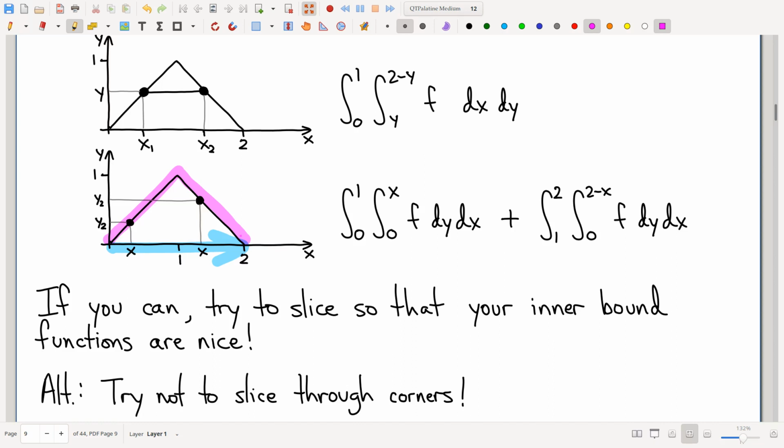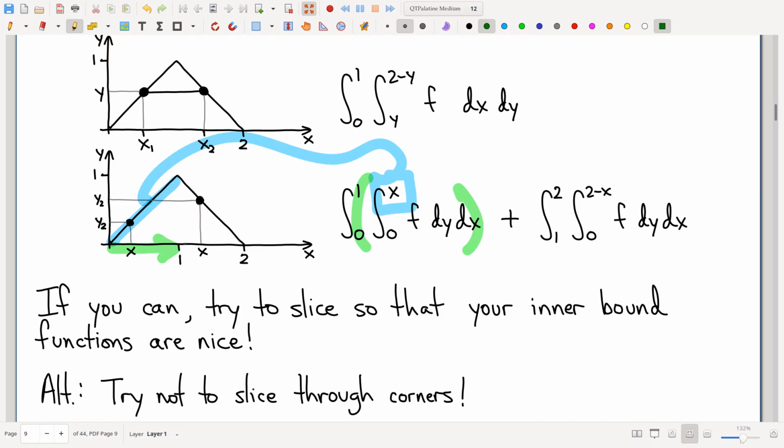Okay, so to avoid this super annoying problem, what I have to do is break this up into 2 separate pieces. I'm going to first look at what happens as x goes from 0 to 1. As x goes from 0 to 1, my upper bound for y is going to come off of that curve. That curve has an easy equation, no problem, solve for y, and you get that. All good.